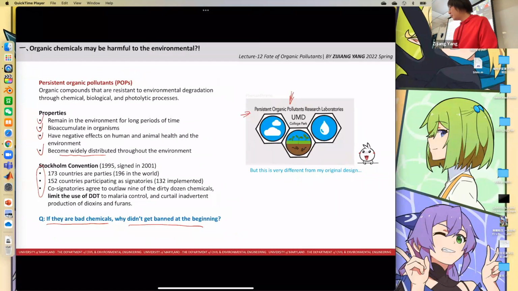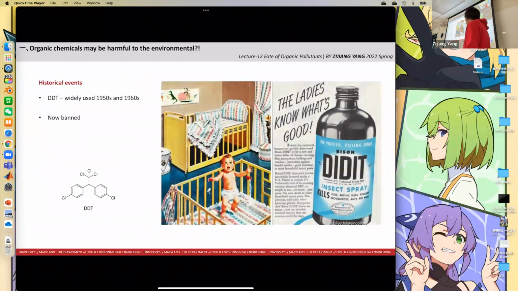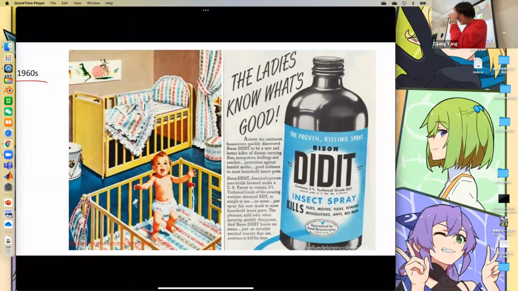So here I want to talk a little bit about the history of these POPs. Because I'm studying DDT and I'm familiar with it, I'm talking about DDT. DDT is a pesticide, and here is its chemical structure. DDT was widely used globally and in the United States in the 1950s and 1960s. On the right-hand side, we have an advertisement for DDT.